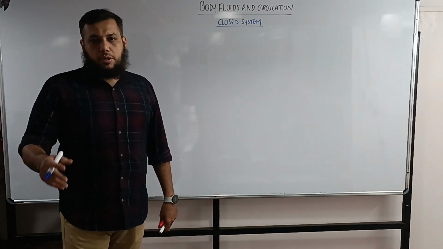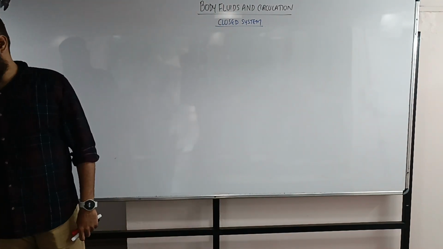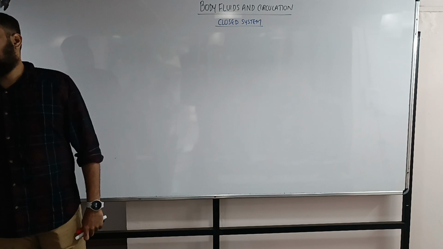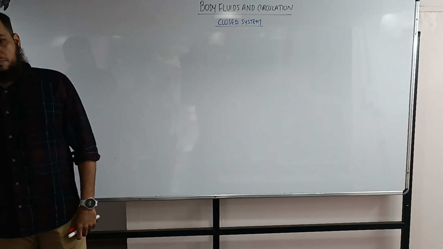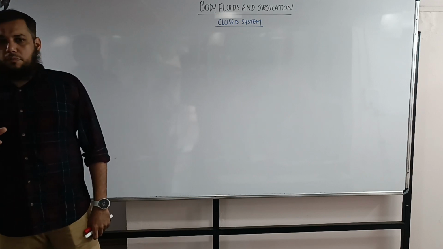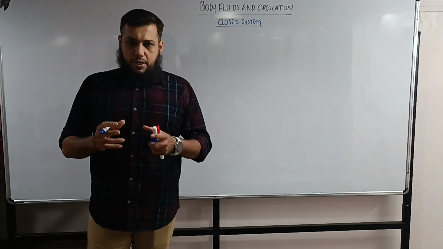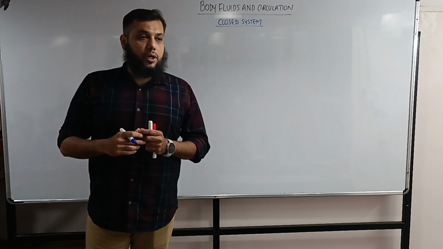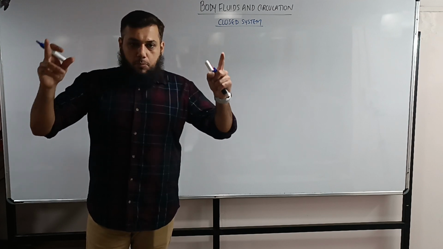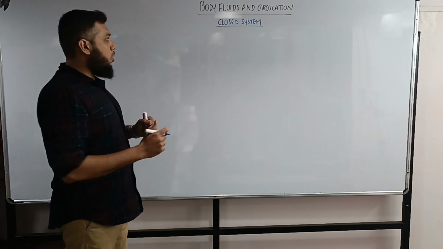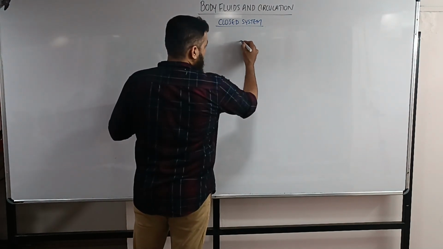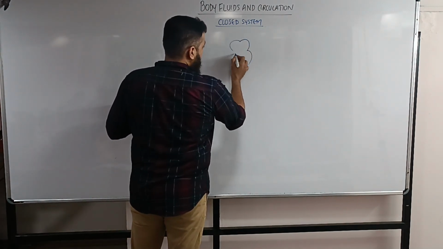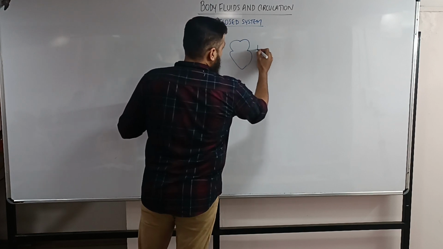So just to recap it fast, revise it very fast. You already know that there is a pumping organ. The pumping organ will undergo contractions and relaxations, so that the circulatory fluid will move throughout the body. And that pumping organ in the closed system is called the heart.